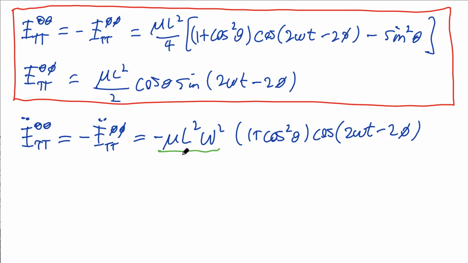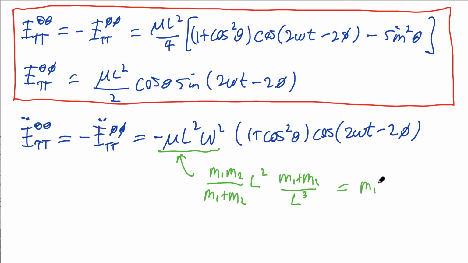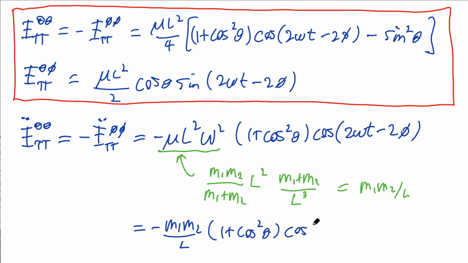Now, mu is the reduced mass, which is m1 times m2 divided by the total mass m1 plus m2. And recall from before we derived Kepler's third law, which says omega squared is equal to the total mass divided by the cube of the separation. So these factors together give us m1 m2 divided by L. So our result here can be written as minus m1 m2 over L times 1 plus cosine squared theta times cosine 2 omega t minus 2 phi.